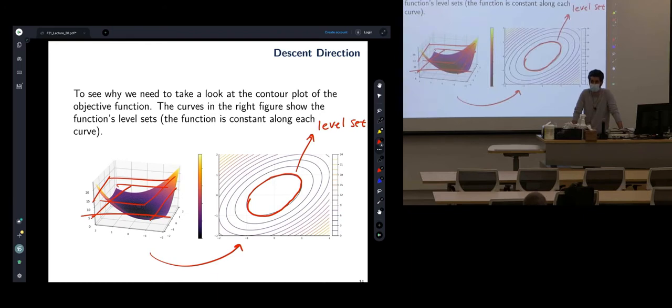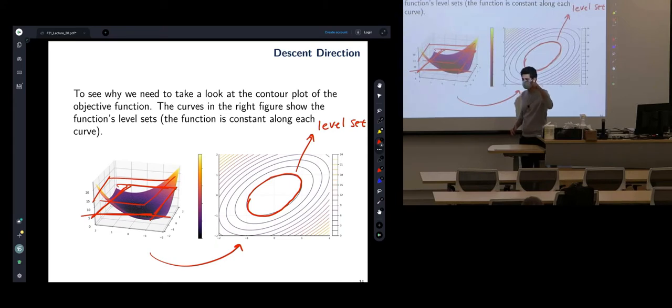That will be very important because that's the lifesaver. Do you agree that my function is constant along that curve? Because by definition, I'm cutting this function surface using a plane that has a constant height.